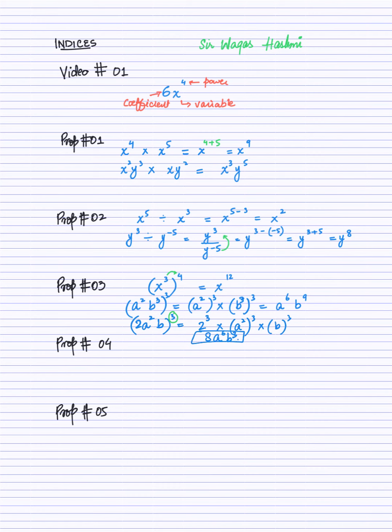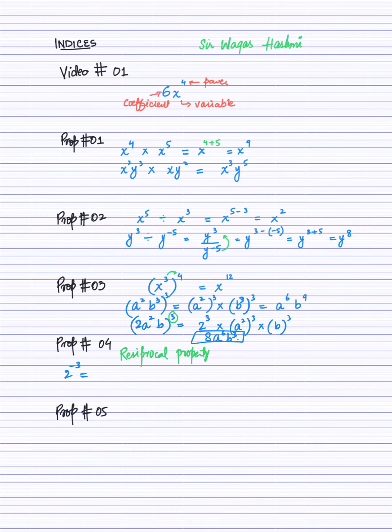Alright, property number 4, I label it as the reciprocal property. Basically, in this property we cannot solve negative powers. Example, let's suppose that you have 2 to the power minus 3. Now you cannot solve it as it is. To solve it, you need to apply the reciprocal property.